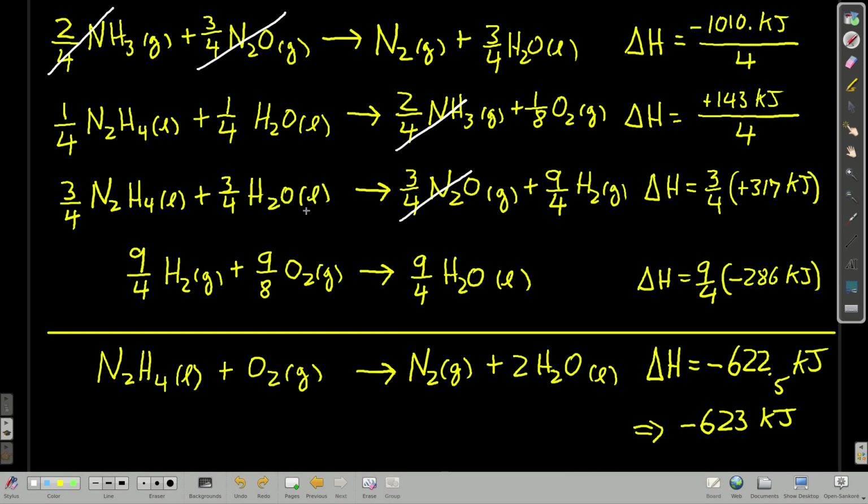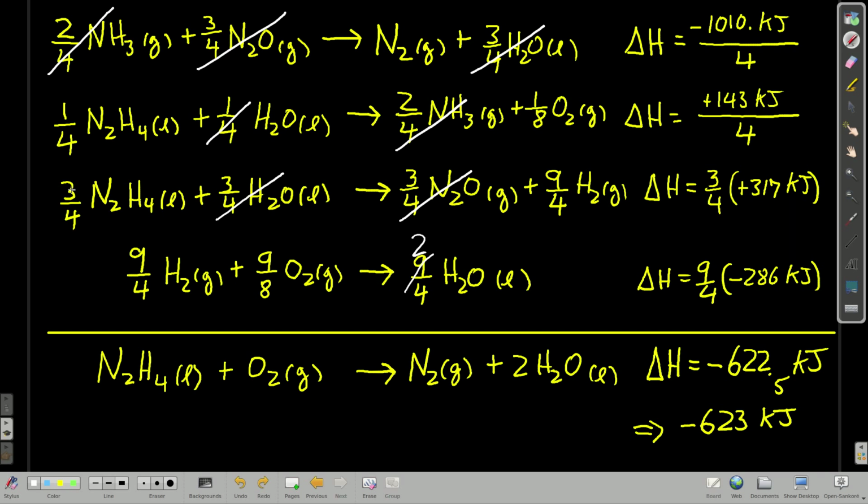Well, you could do it this way. 3/4 water here cancels with this. And we have 1/4 here, 9/4 here. So we subtract, we're left with 8/4 on the right, which is 2. Okay, so this cancels. We're left with 2 there.